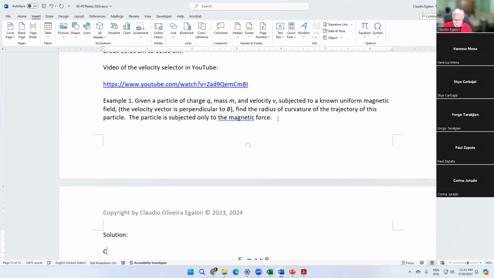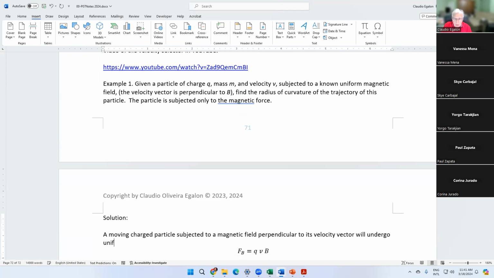A moving charged particle subject to a magnetic field perpendicular to its velocity vector will undergo uniform circular motion.